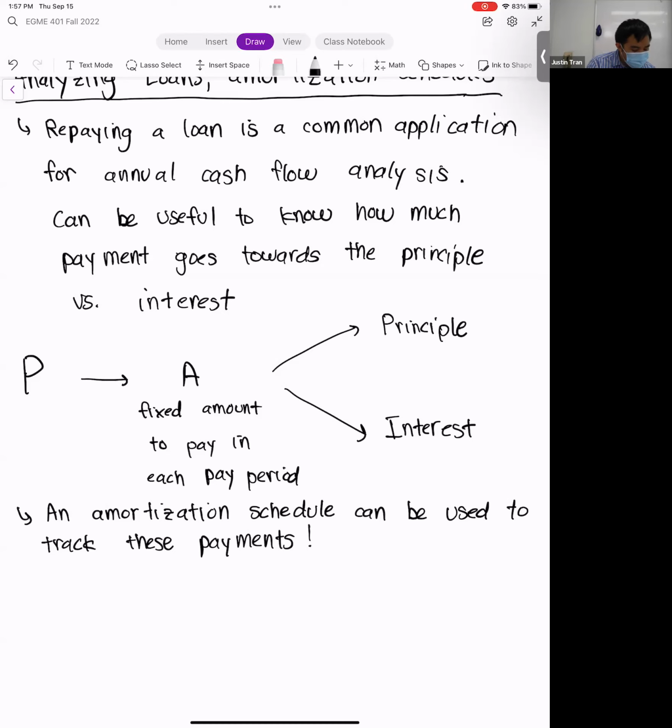And so the last topic will be how to build this amortization schedule.